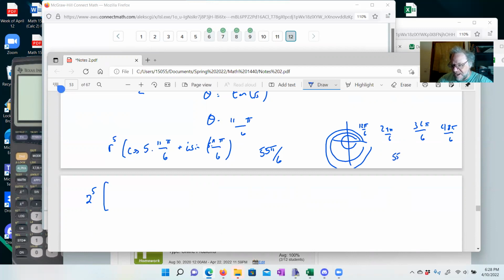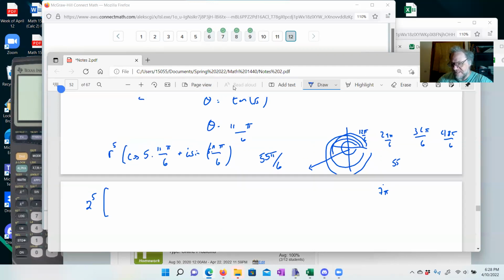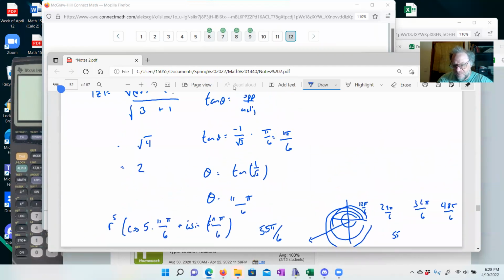Now 55 pi, I've got to get to 55 pi. 48 pi plus what equals 55 pi? And I think we could say this is going to be 7 pi more. So we go around 4 times, now we need to go around 7 pi more, and we're going to be right there. Okay? Now you say, oh, I can't be expected to do that. That's way too hard.